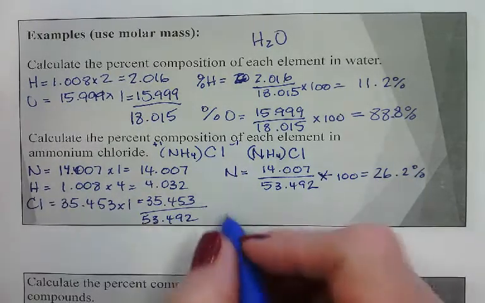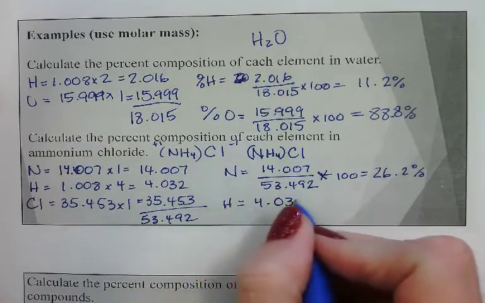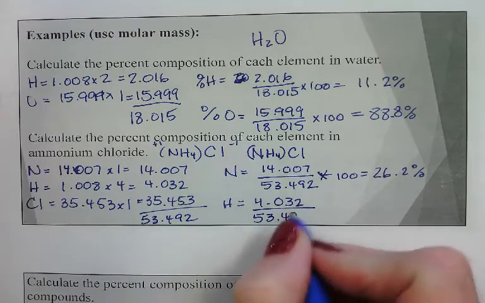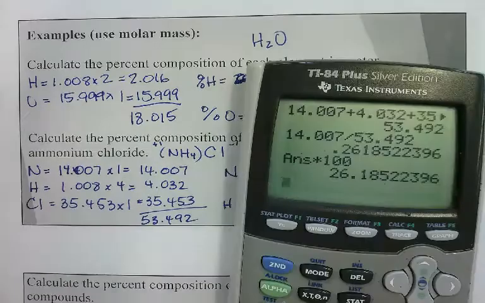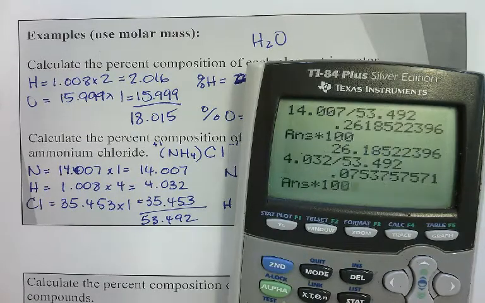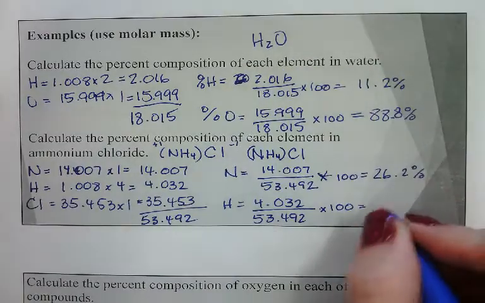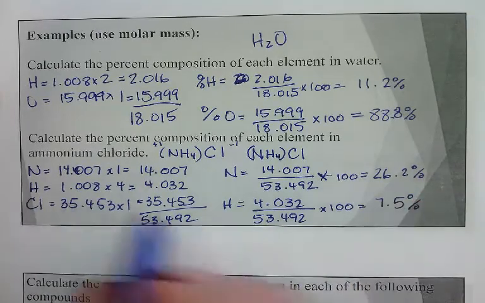Okay, what else? Hydrogen. The part is 4.032 divided by the whole, 53.492, times 100. Small percentage: 7.5% is hydrogen.